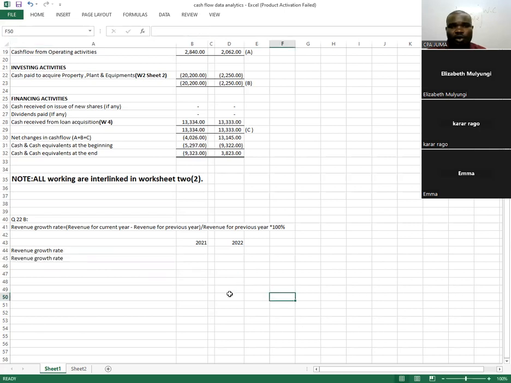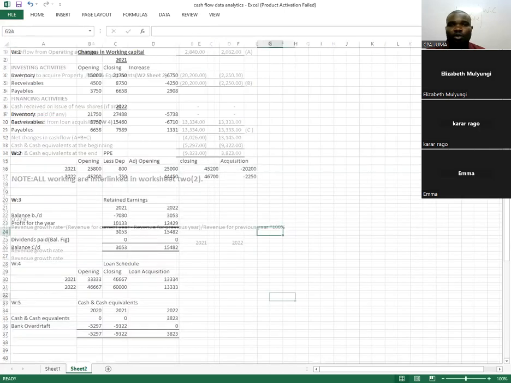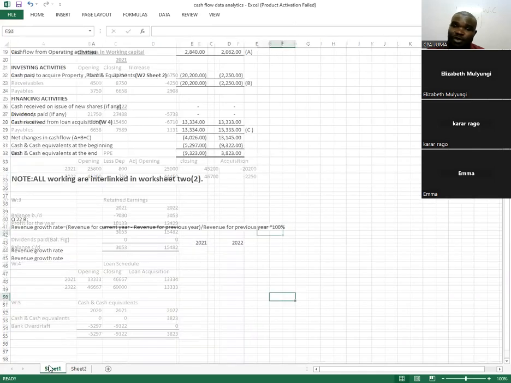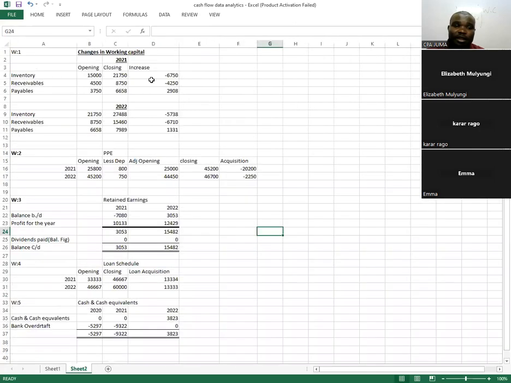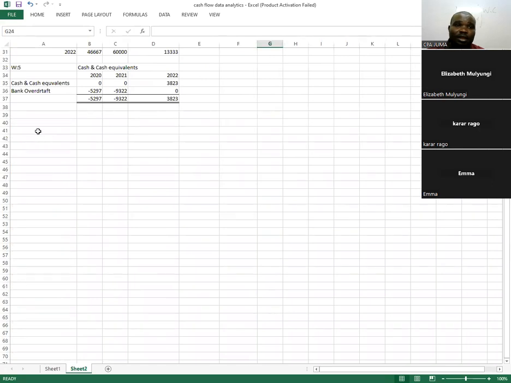Also here revenue growth rates. I won't do the working on the presentation; anything you want to do as a working, do it on the other side. So part B of the question, growth rates, 2021.